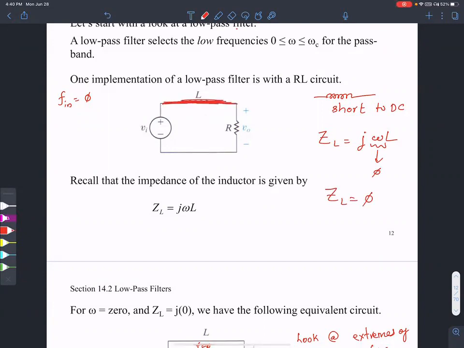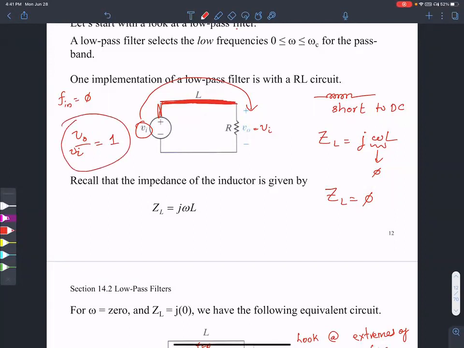There's no voltage drop here, so all the voltage V in appears at V out. So if you were to look at V out over V in, that would be perfectly 1, right? So at extremely low frequencies, you get a value of 1 for the transfer function.